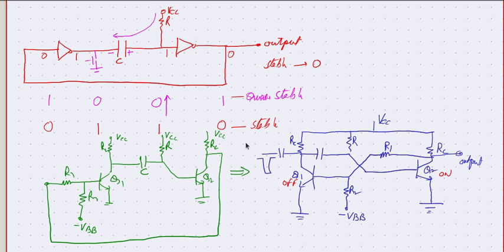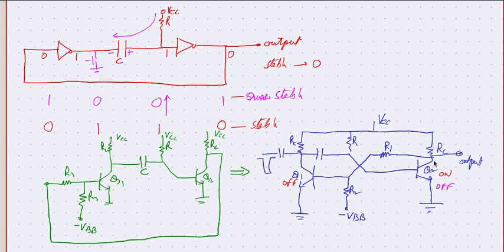To disturb it, apply a negative pulse here. So for a moment this goes low. When this goes low, capacitor voltage cannot change. Therefore this point suddenly goes low, because this was already at VCE saturation, almost 0.7 volt. And when you apply a voltage drop of more than 0.7 volt, this is confirmed to go negative, and hence it's confirmed that this transistor gets off.